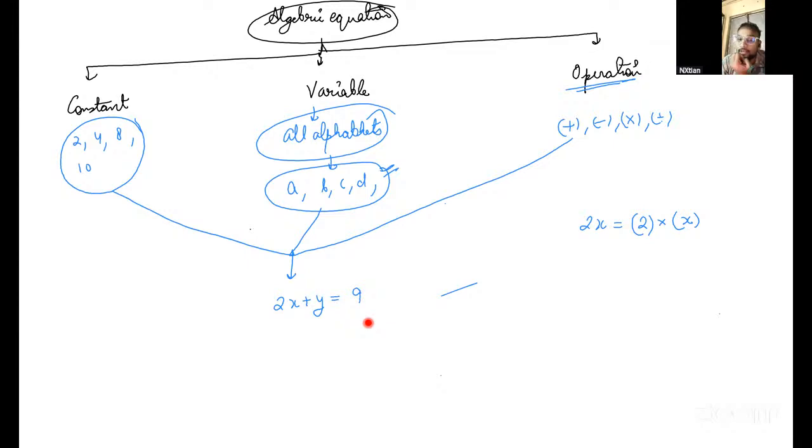It's not the real value. Terminating decimals are also constant. Yes, all the numbers are constant, terminating or non-terminating. Their value will not change.